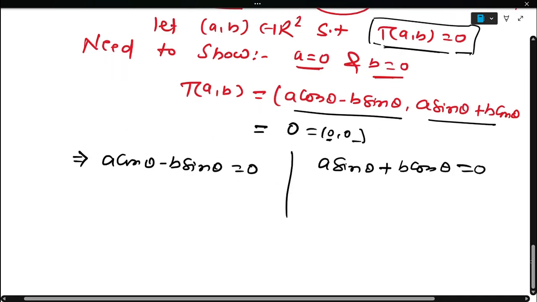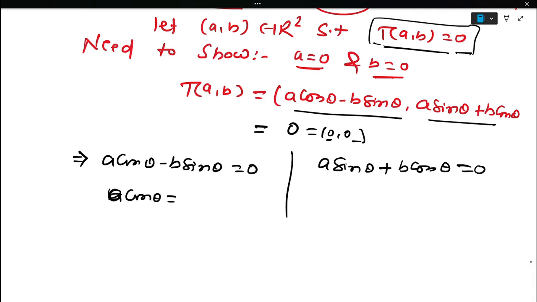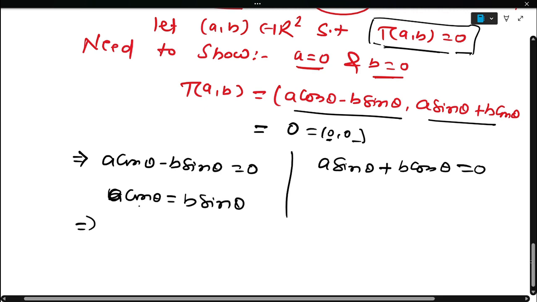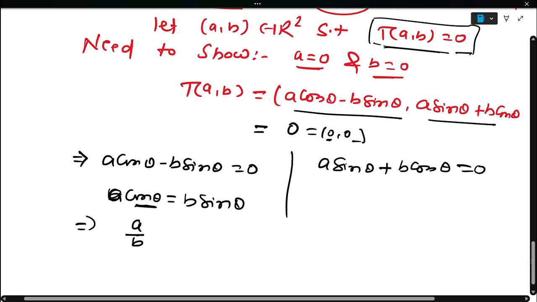Now we can solve these equations separately and we will get a cos theta equal to b sin theta, and if we solve this, cos theta goes to the RHS and b to the LHS, then it will be a by b equal to tan theta.